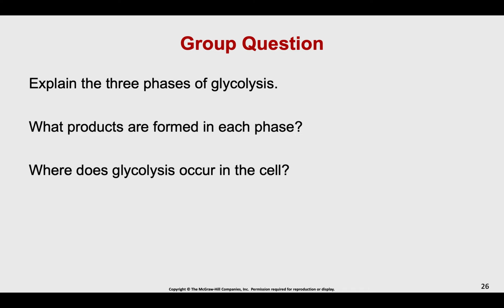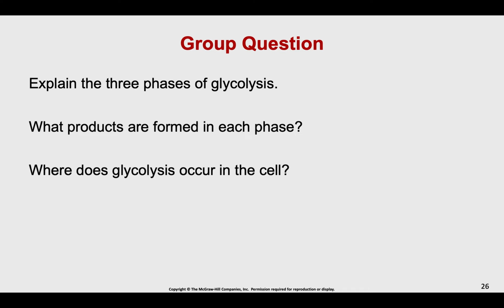Is any ATP used or made at this step? No. So the third step, energy liberation. And what molecule is created at this step? Pyruvate, yes, 2 molecules of pyruvate.